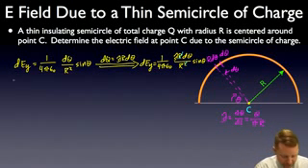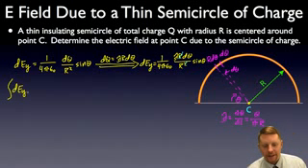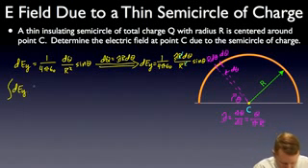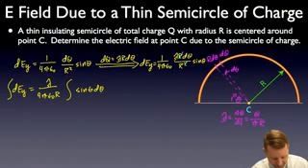So if I integrate both sides, on the left-hand side, I'll have the integral of the differential of the electric field, the y component, must equal, well, let's pull out our constants, lambda over 4 pi epsilon naught r, integral of sine theta d theta. In our limits of integration, we're going from theta equals 0 to theta equals pi. So our limits are from 0 to pi in radians for theta.